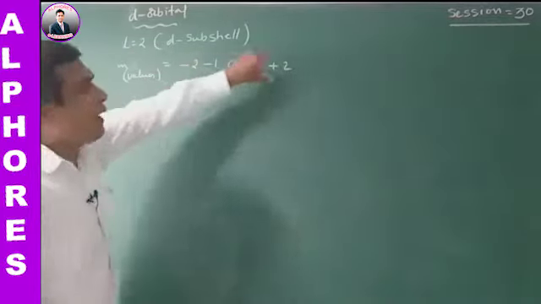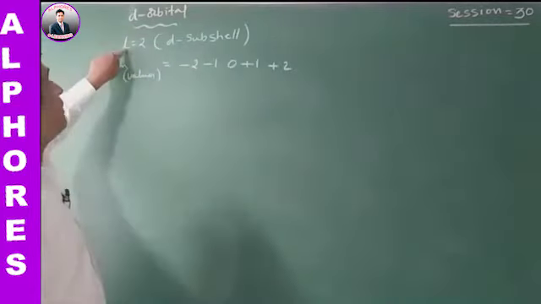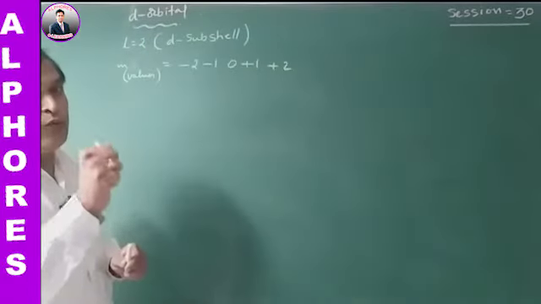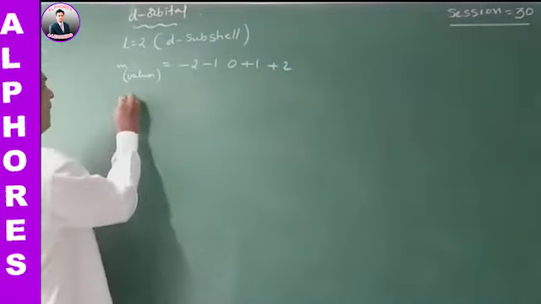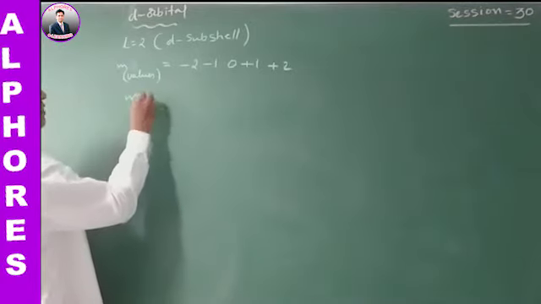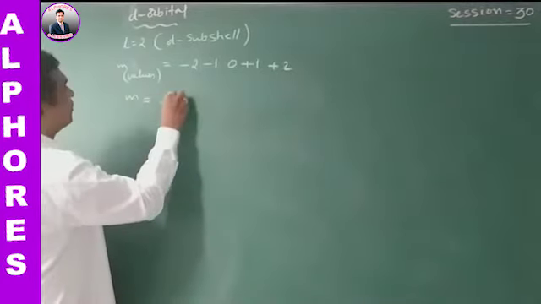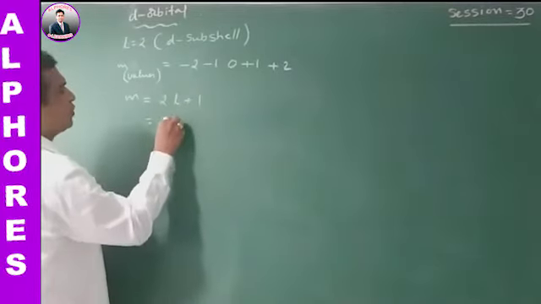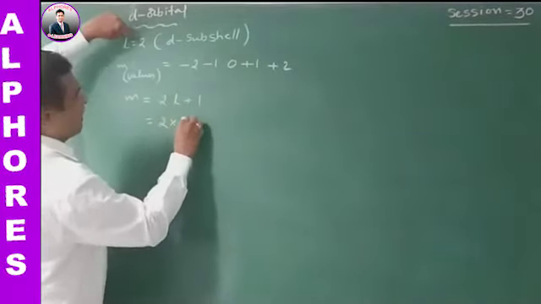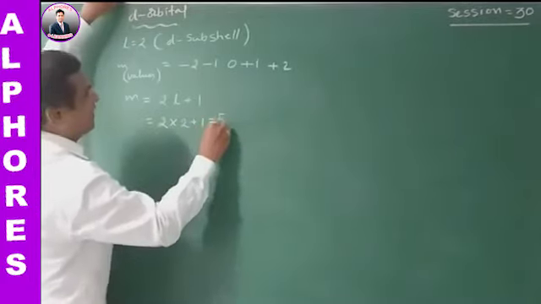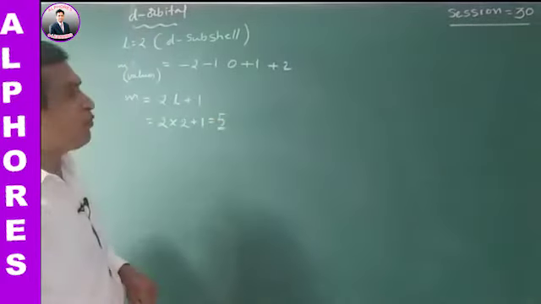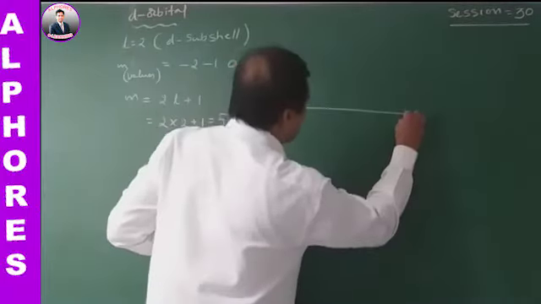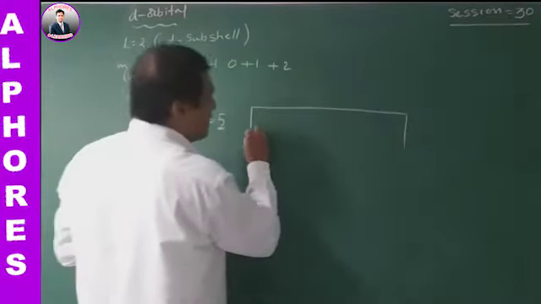Therefore the d subshell contains 5 d orbitals. The total number of orientation values is equal to 2L plus 1, that is 2 into 2 plus 1, which equals 5. The d subshell contains 5 d orbitals.